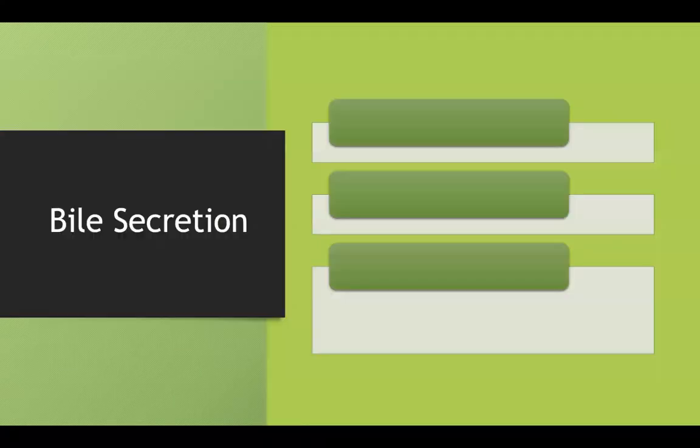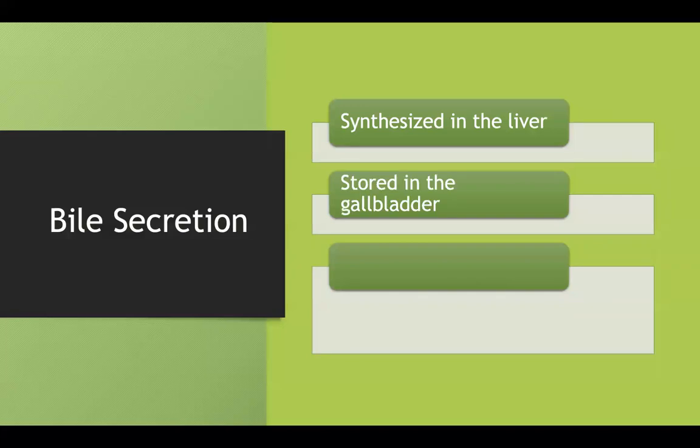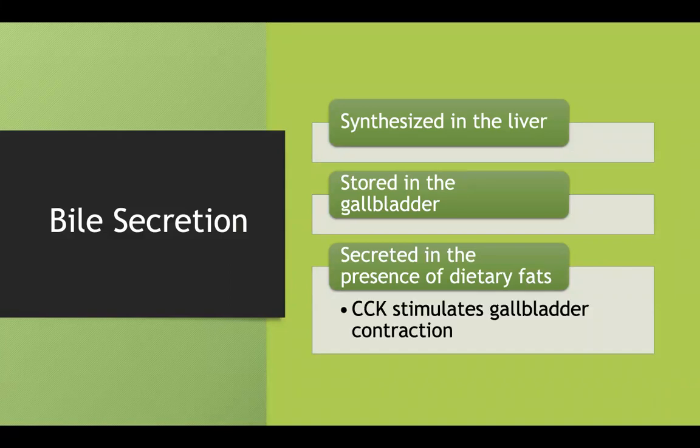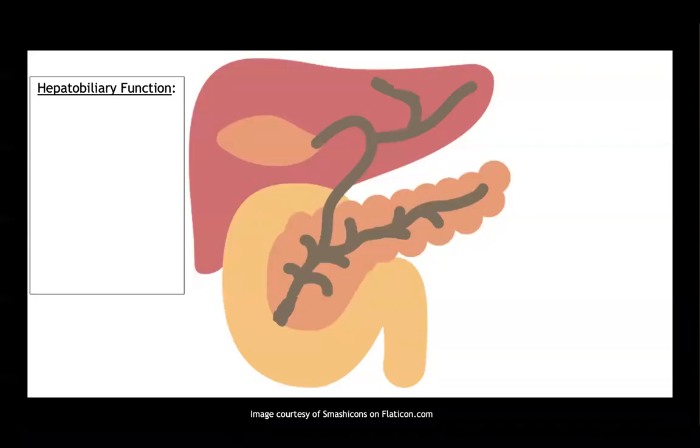So how is bile secreted? Bile is synthesized in the liver, and after it's synthesized, most of it is sent directly to the gallbladder. And then once the gallbladder is activated by things like cholecystokinin, it's going to be secreted because the gallbladder will contract. So that looks like this.